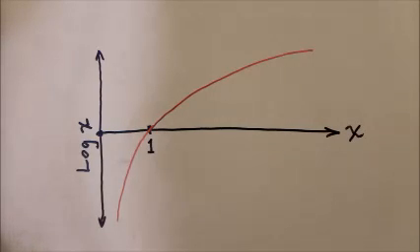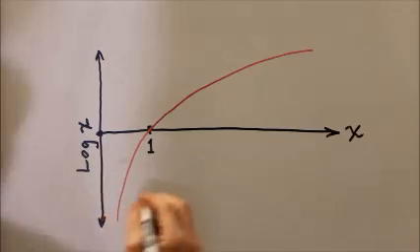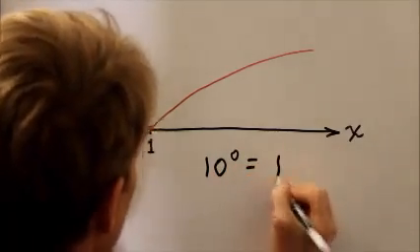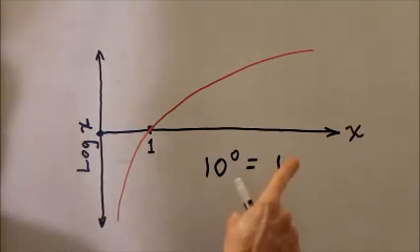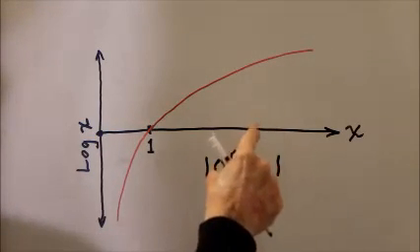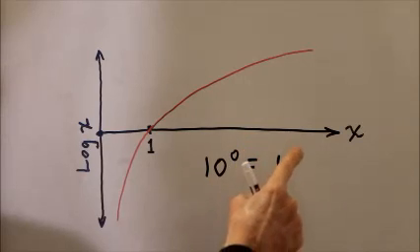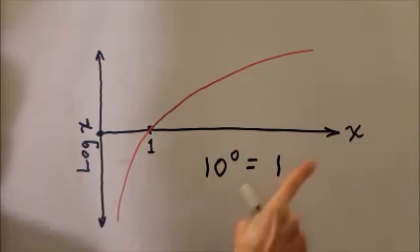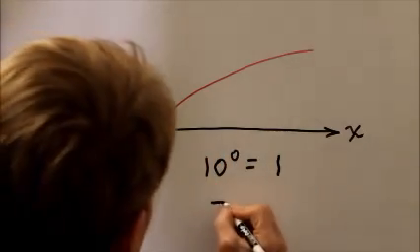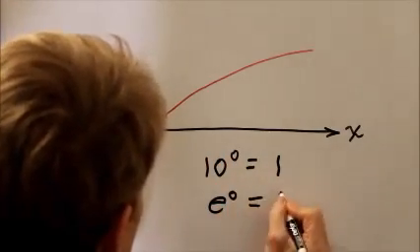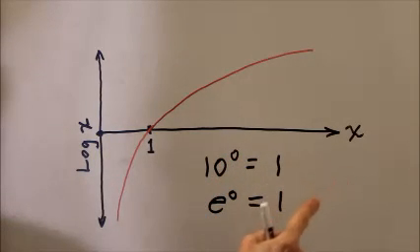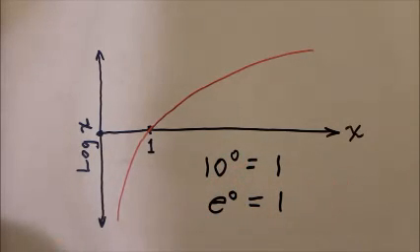So 10 to the 0th equals 1. That means that the base 10 logarithm of 1 equals 0. E to the 0th also equals 1. The base e logarithm of 1 also equals 0.